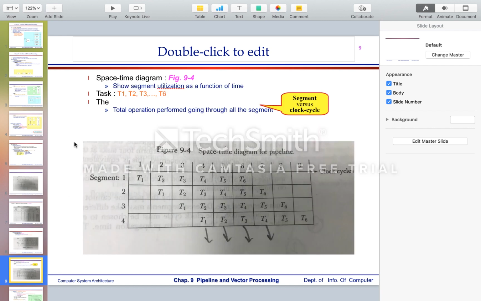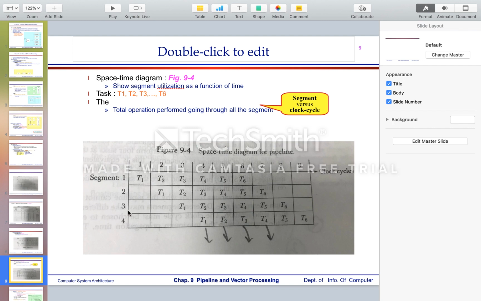Then we can also represent the behavior of a pipelining system using a space-time diagram, as you can see in this space-time diagram. This diagram is segment versus clock cycle.